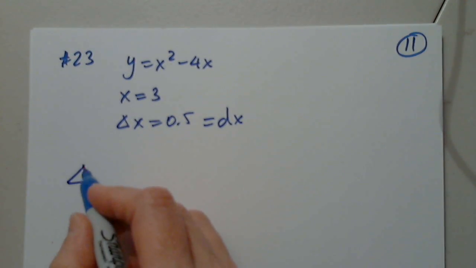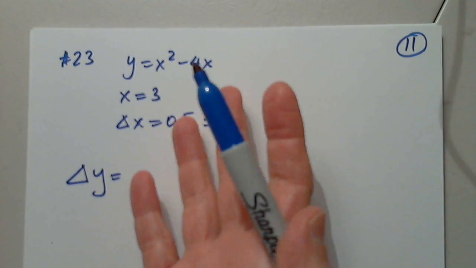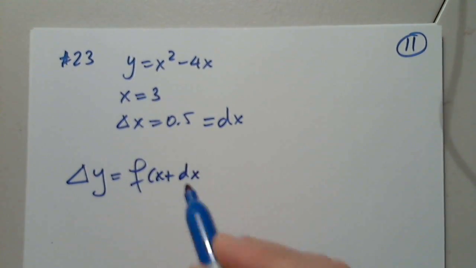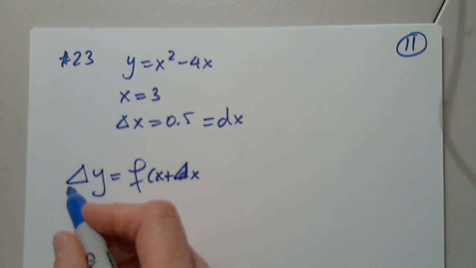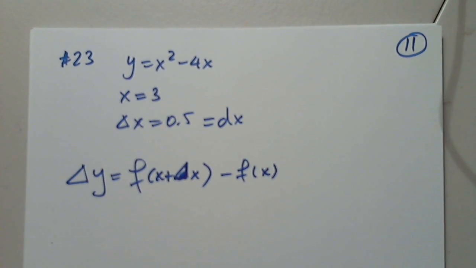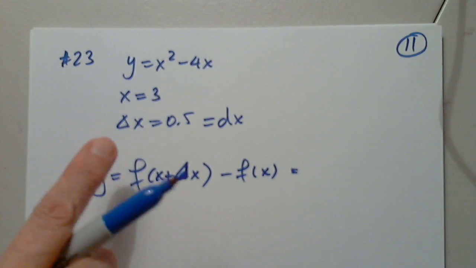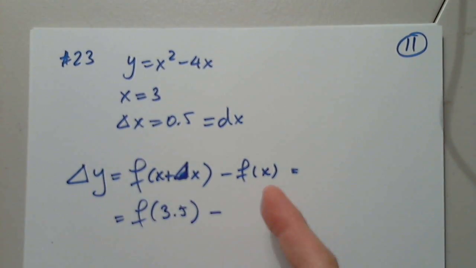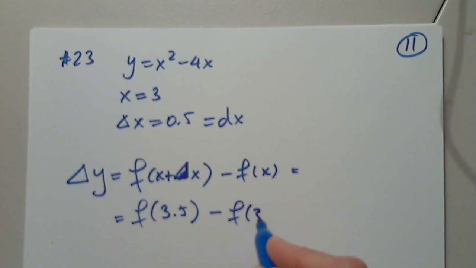One is delta y, which is f of x plus delta x, minus f of x. So that would be f of 3.5 minus f of 3.